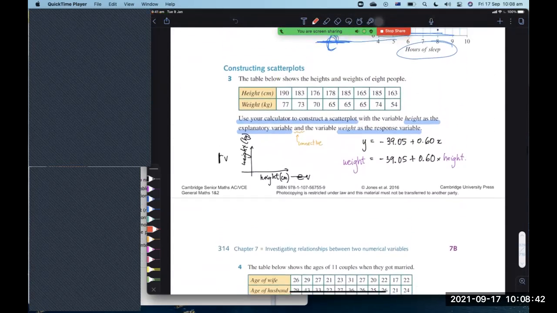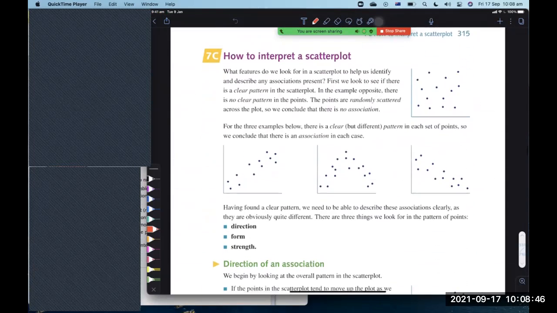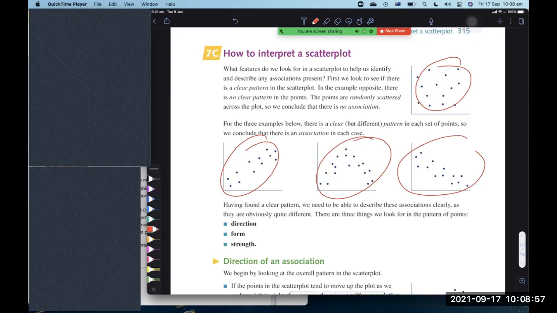We've got interpretation. So how to interpret a scatter plot. Now you can have a look here at the couple of diagrams, right? Now the thing is, when you look at something and you compare, the human mind is wired to do two things: build a pattern and basically get used to seeing things.